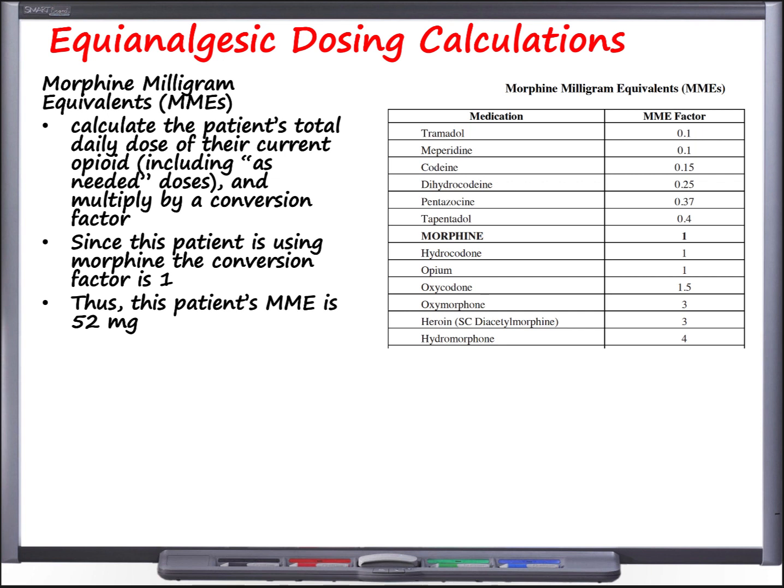So we don't go, for example, straight from tramadol to oxycodone. You can't just convert a strength of tramadol to a strength of oxycodone. What you do is you take the strength of tramadol, convert it to its morphine milligram equivalent, its MME, and then you can take that MME value from this table for the other opioid and convert from that back to the new one called, like, for example, oxycodone.